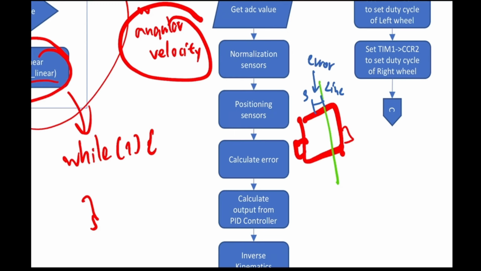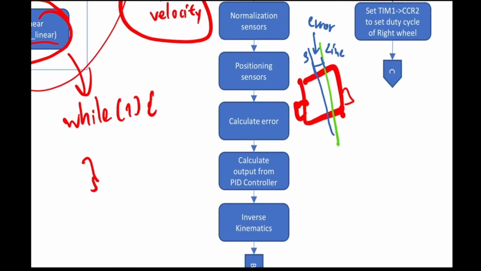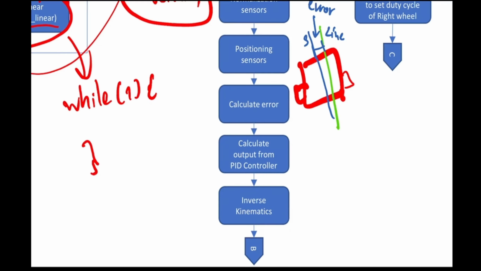The error is the position between the center of the robot and the line on the floor. We have to know the error first. When we know the error, we will calculate something to compensate for that error, to eliminate the error.